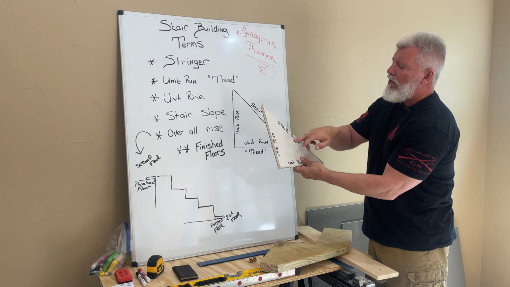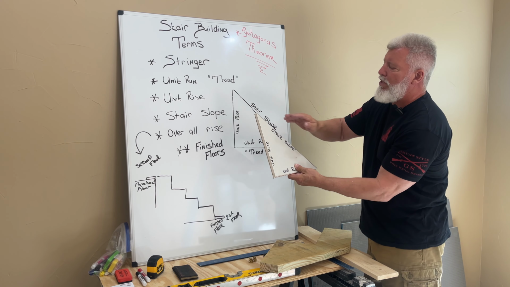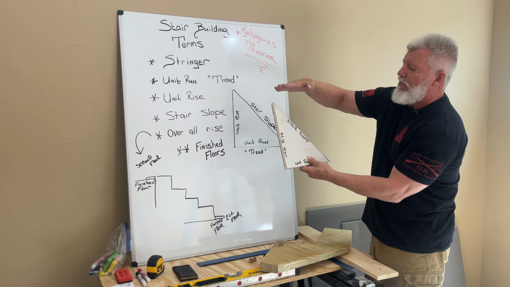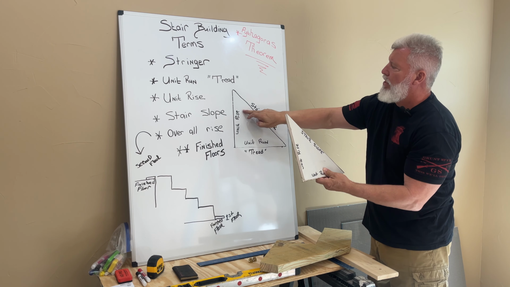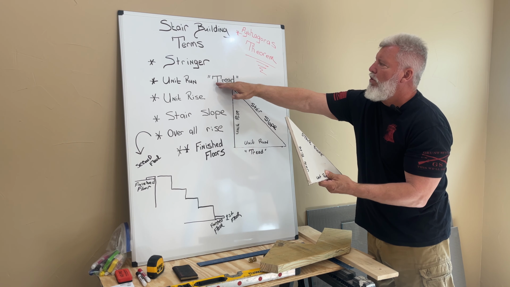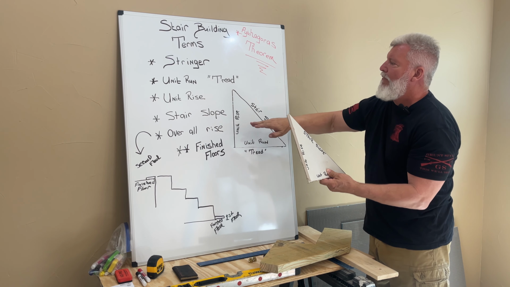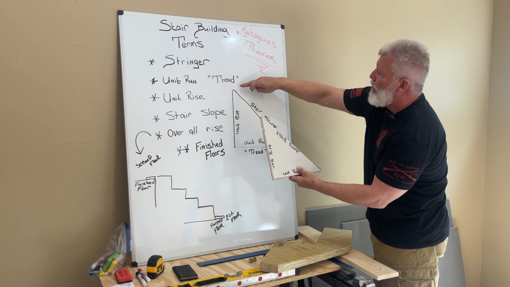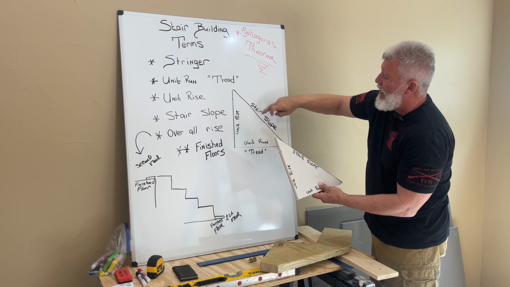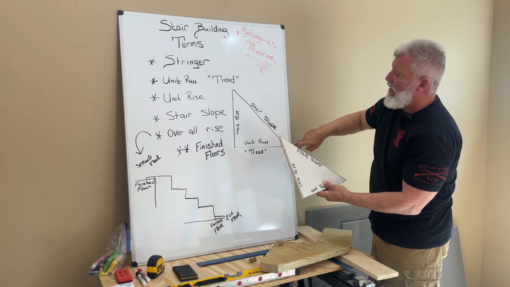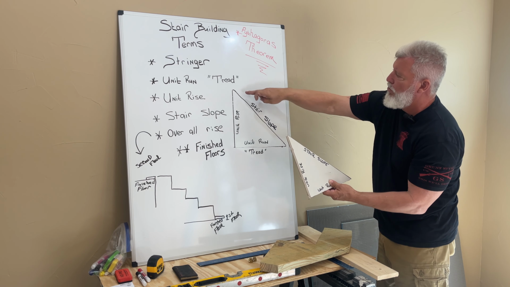My next term is the rise up to the next unit run, which is this here. So you have unit run, unit rise, and then you'll have a stair slope, which goes from the top of the unit rise to the very beginning of your unit run.